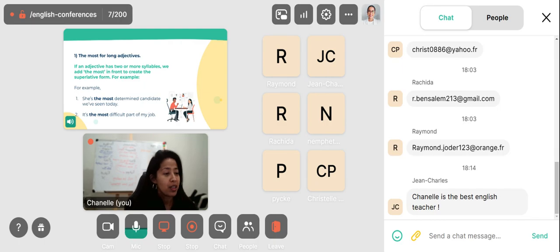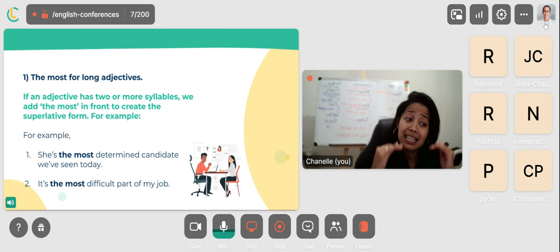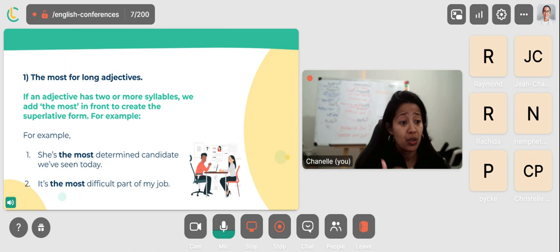So as you saw with our comparatives, we used more. And now to show that it is the highest degree or that it is the lowest degree, we use the. Okay? If an adjective has two or more syllables, we add the most in front to create the superlative form.